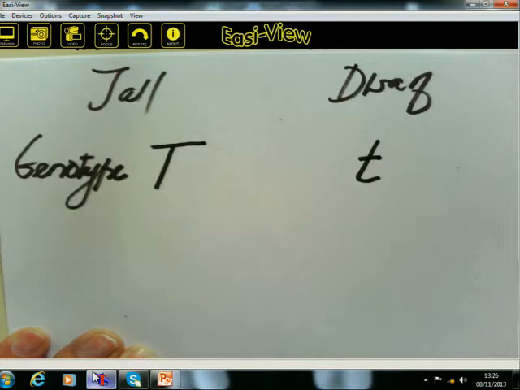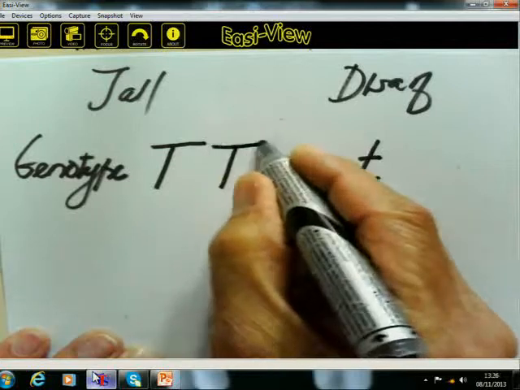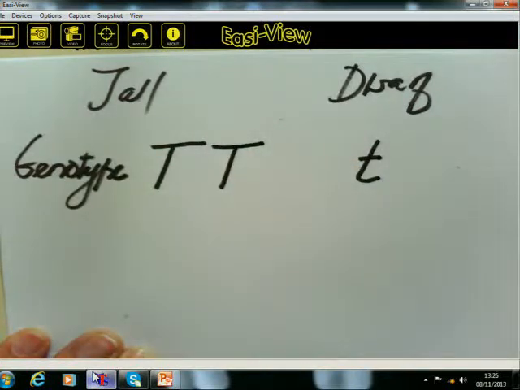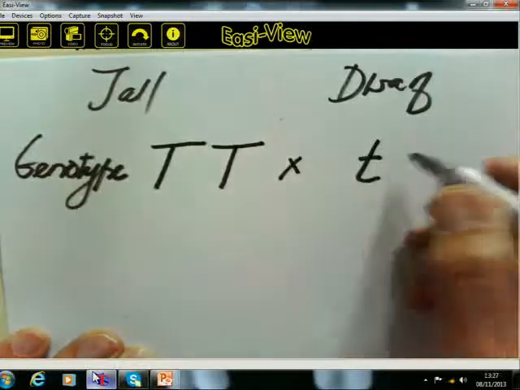Because the tall growing plant was true breeding, there are two capital T's, each representing a homologous chromosome, and each representing a gene on the homologous chromosome. The same principle is applicable to the dwarf plant.